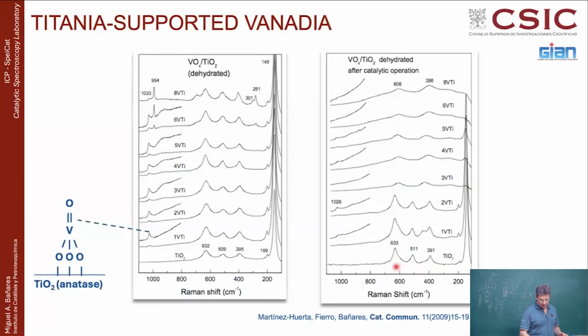Before and after reaction, titania anatase is titania anatase. For 1 weight percent vanadium oxide on titania, the titania looks pretty much the same, but you don't see dispersed vanadia anymore, or very little vanadia anymore. So somehow the surface vanadia is no longer there. Why? Where did vanadia go?